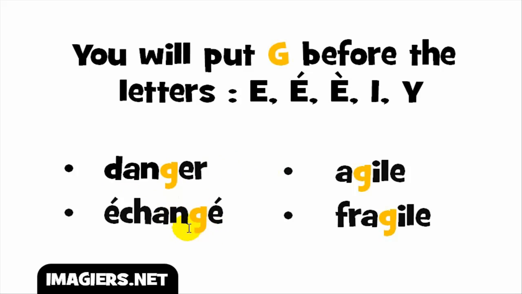Second option here, you've got this G and then this accent aigu, it goes like E, échanger, échanger, okay, so same J sound here, okay, same thing here, G-I, so you will get the sound J, J, okay, agile, agile, all right, agile. And then here, another example with this I sound, or vowel in that case. G-I, J, okay. Fragile, fragile.